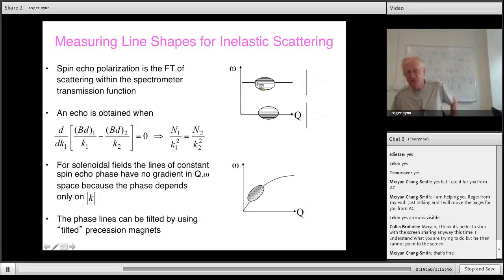So actually the first time that real inelastic scattering was measured using neutron spin echo was when Mezei looked at the width of the roton minimum in liquid helium-4. And you perhaps remember that the dispersion relation of liquid helium-4 is such that there's a low energy, essentially acoustic excitation that comes up, and then there's a dip, and at the bottom of that dip, which is the roton minimum, the dispersion curve is essentially flat.